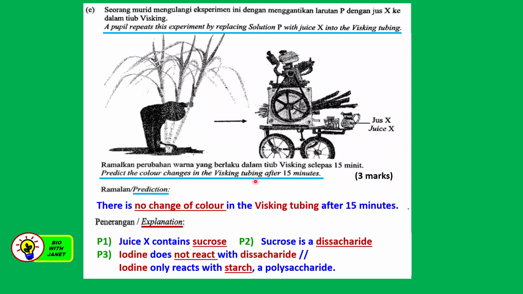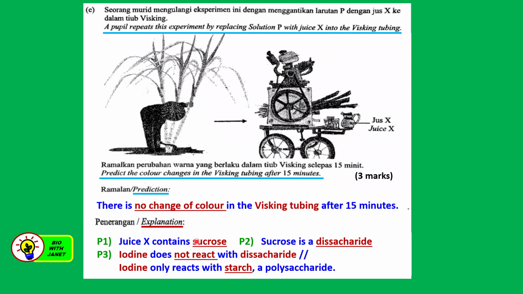No. Iodine is used to test for the presence of starch. It does not react with the sucrose in the Visking tubing. So there's no change of color in the Visking tubing after 15 minutes. The explanation is that juice X contains sucrose, a disaccharide, and the iodine does not react with disaccharide. It only reacts with the starch, which is a polysaccharide.